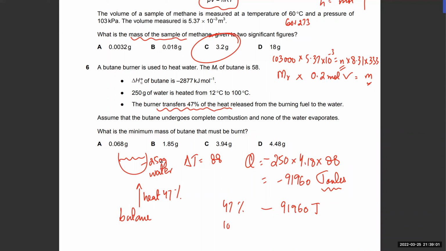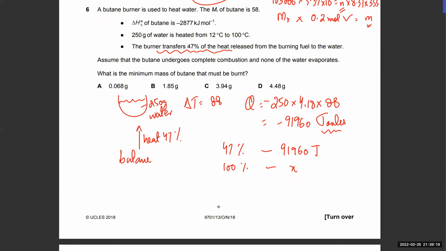So what is 100% of the heat that the burner produces? That would be X. So you would have to divide by 47 into 100. So divide by 47. And that comes out to be 195,660, I think.